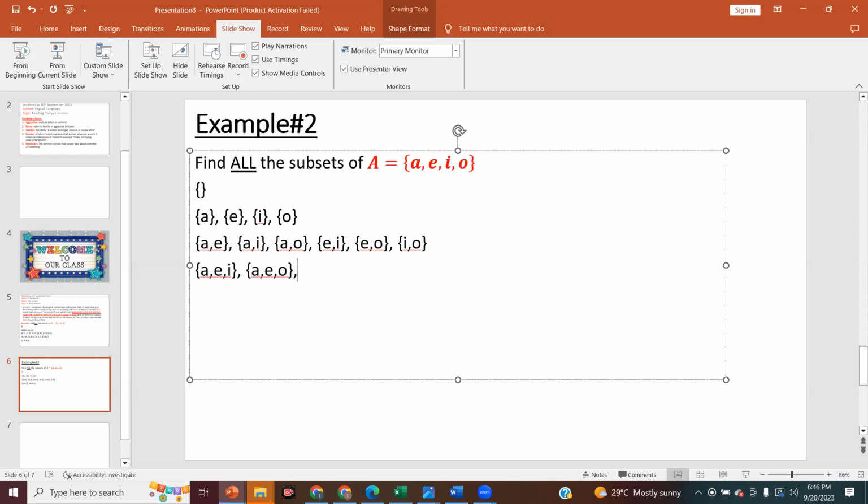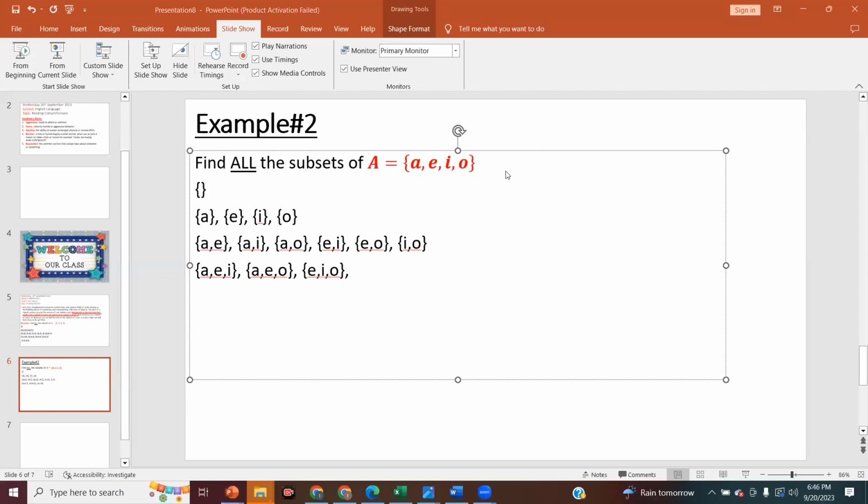All right. Next, so we have A, E, I and A, E, O. We already did the A and E. Now we have to do E and I, right? It's going to be E, I, and what else? E, I, O. Can we do anything else with E and I?